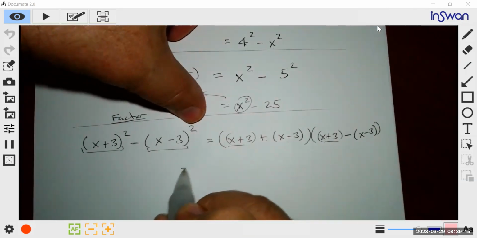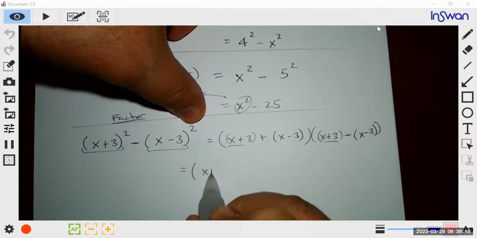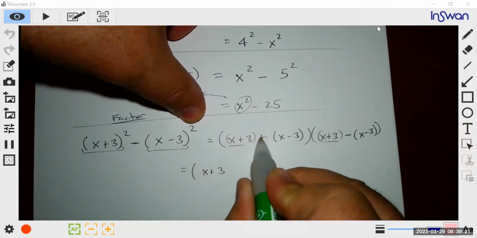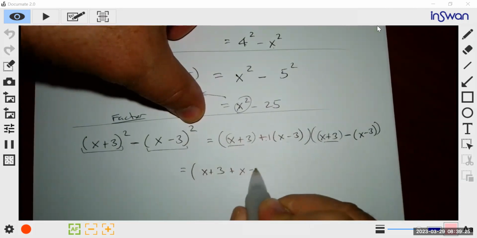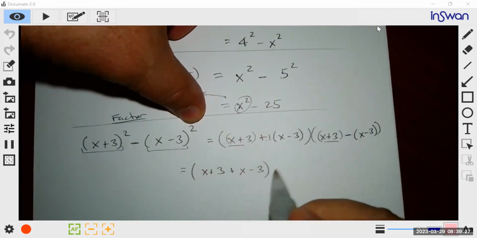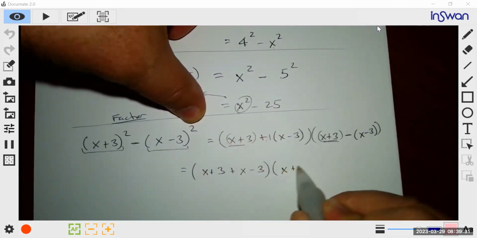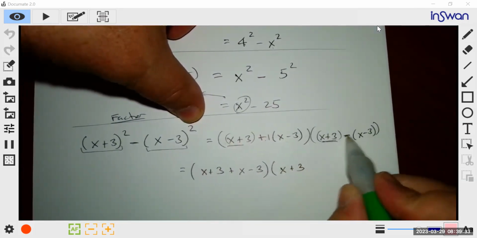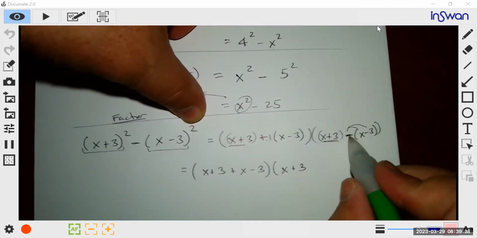Now let's simplify. There's nothing in front there, so we don't need the parentheses. There's a positive 1, so nothing changes there. Leave the first term alone, it's positive in front. This one has a negative, so I've got to multiply the negative to both of those.